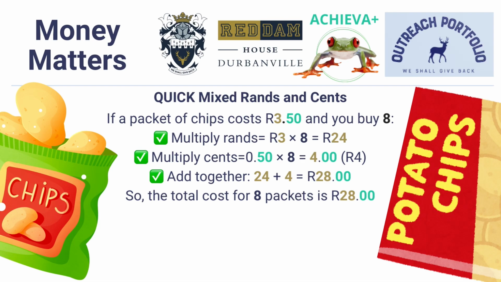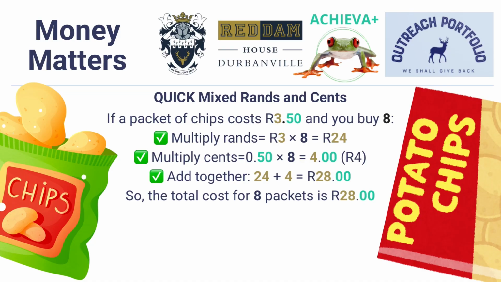Let's do a quick mixed rands and cents example for multiplication. If a packet of chips costs 3 rand and 50 cents and you buy 8, multiply the rands. 3 times 8 is 24. Multiply the cents. 50 cents times 8 is 4 rand.